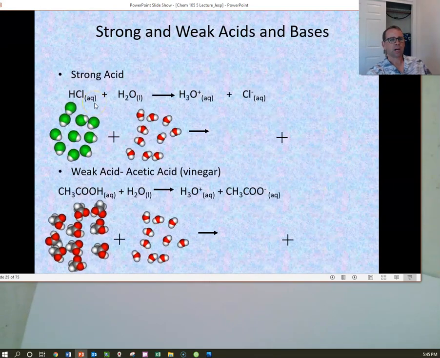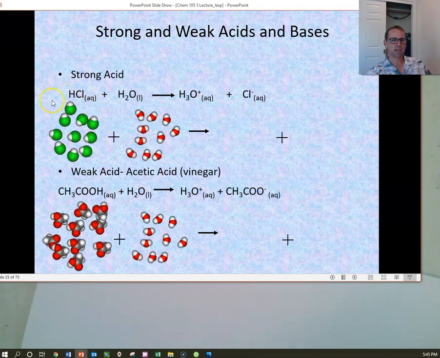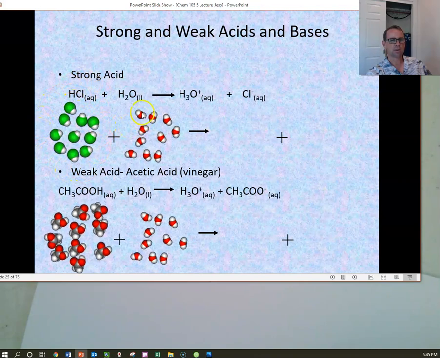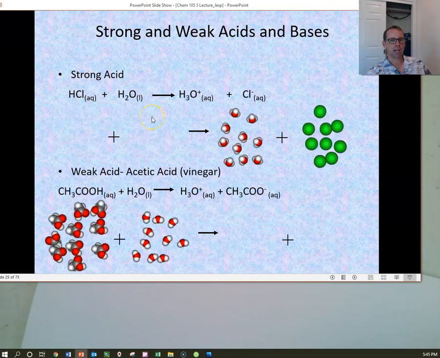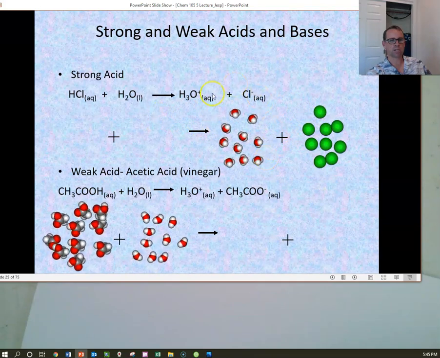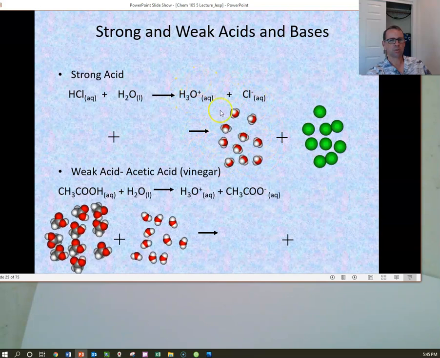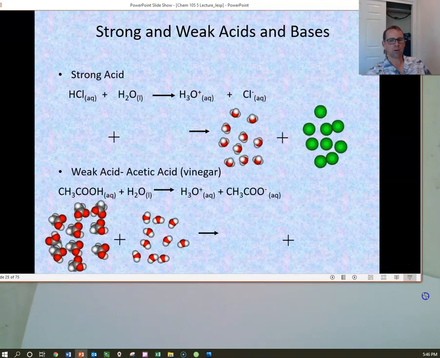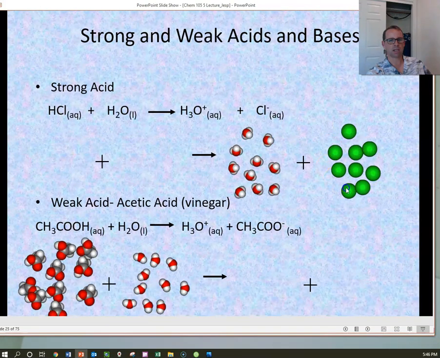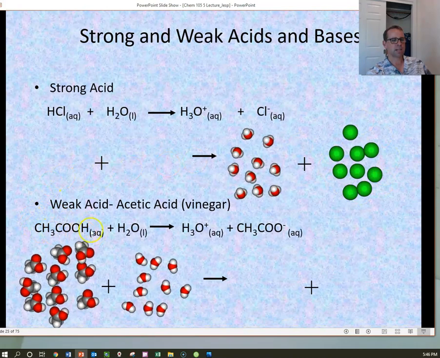All right, so here is another drawing to help us recognize that. HCl is a strong acid. That strong acid combines with water, and all of the H pluses release their hydrogens to water, making the H3O plus ion, and leaving behind all the chloride ions, the Cl minus ions. For this weak acid, this is the acid that's in vinegar.